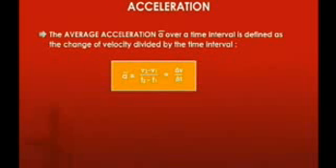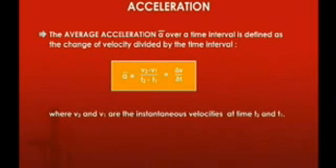The average acceleration a bar over a time interval is therefore defined as the change of velocity divided by the time interval. That is, a bar is equal to v2 minus v1 by t2 minus t1, which is equal to delta v by delta t, where v2 and v1 are the instantaneous velocities or simple velocities at time t2 and t1.